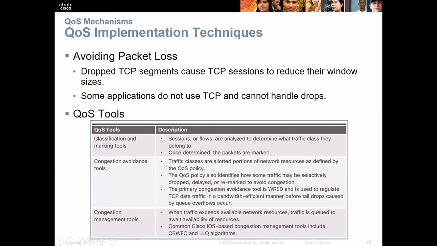So some packets, when there is traffic, we'll say, okay, you're not using the highway today because somebody important is coming in, so you're not even going to travel. You drop them off way ahead of time. You don't even send them. Okay. Or you can use the congestion mechanism tools that we've talked about, the class-based weighted fair queue or the LLQ algorithms.